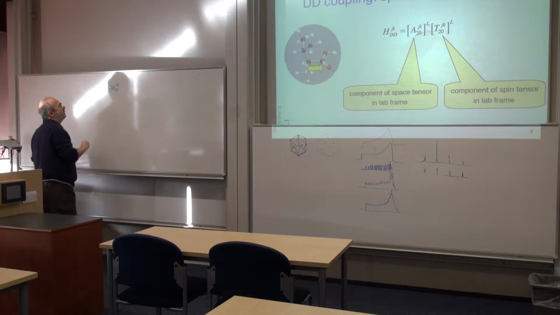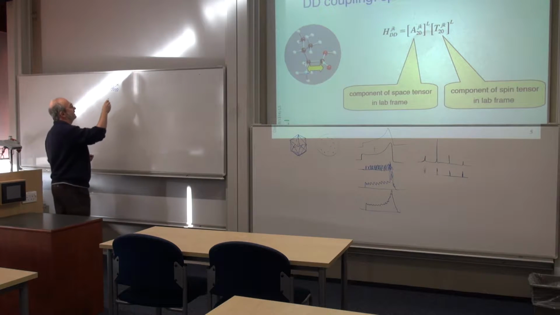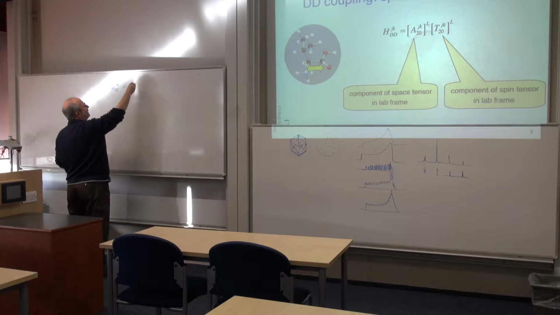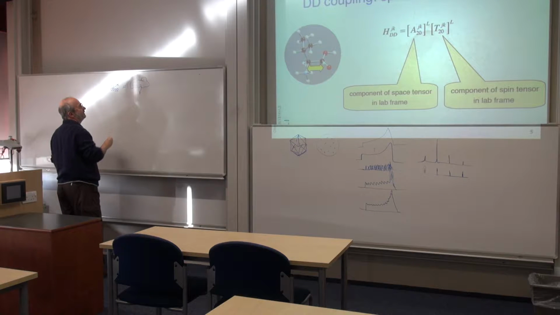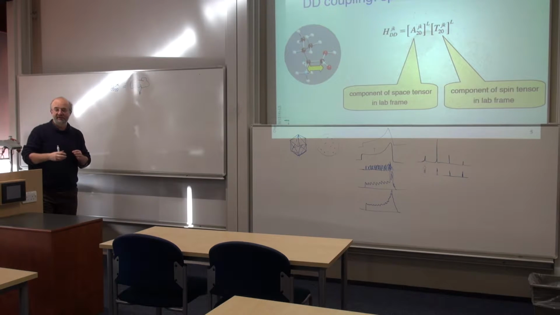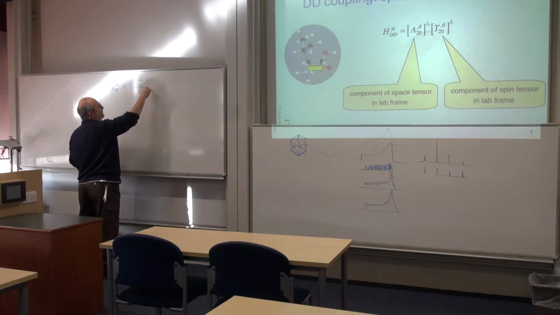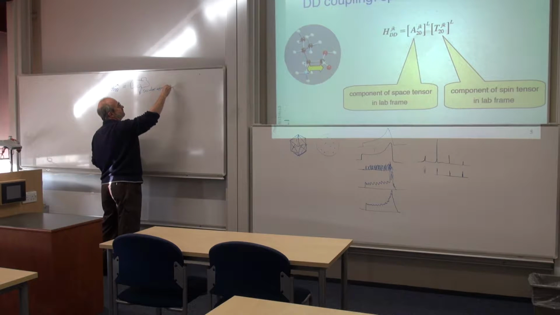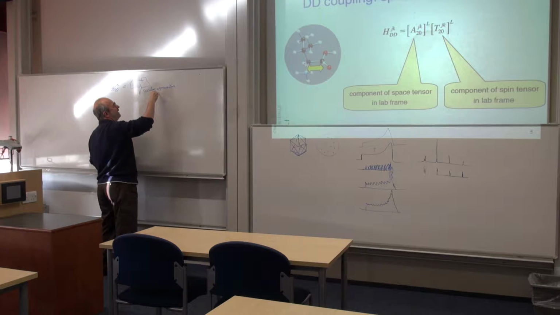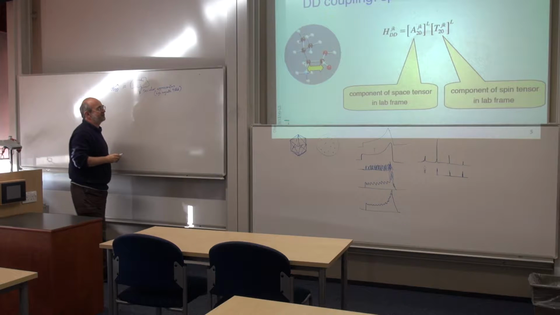So we have a dipole-dipole coupling between two spins, J and K, and we have a complicated equation involving two second-rank tensors. But I'm going to make the secular approximation, which is true in high magnetic field, so this is true for 99.9% of NMR experiments.